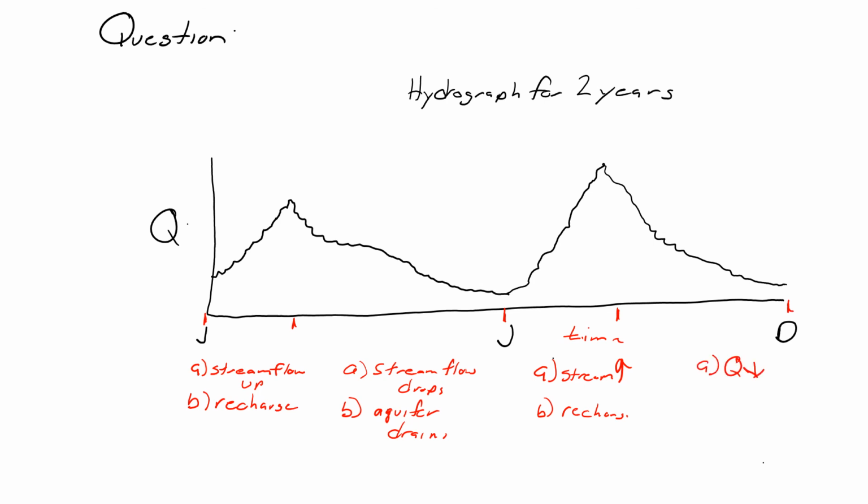And then during the rest of the year, we have stream flow, Q, discharge dropping, and the aquifer draining. Okay, that's what's happening out in nature, okay?